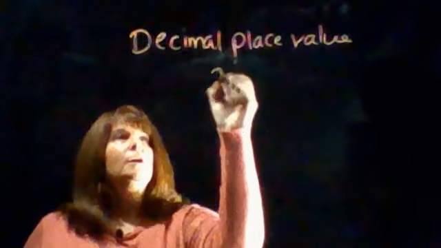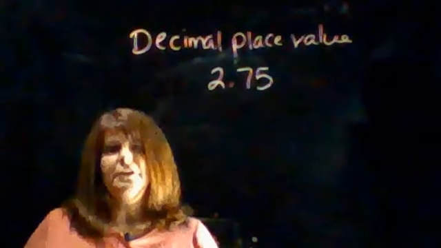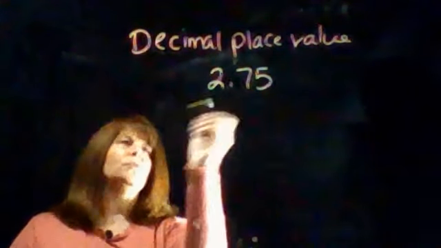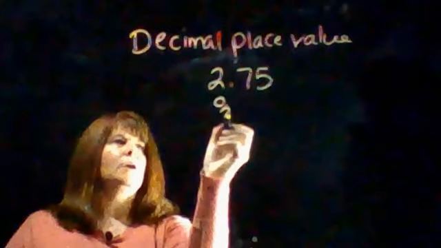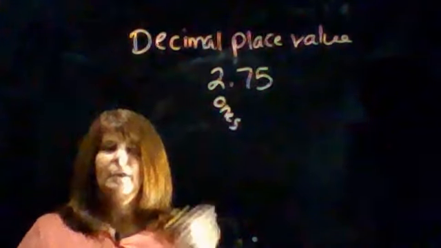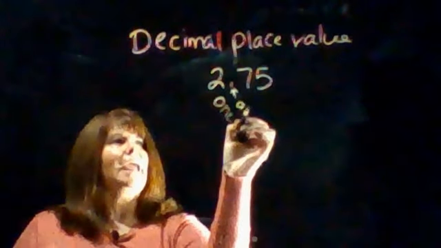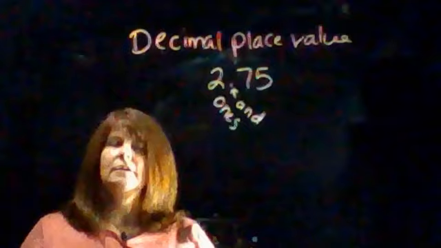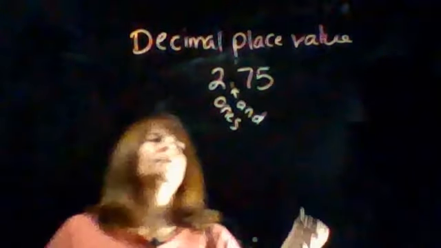Okay, so now let's talk about place value. So place value, well, we know from elementary school that this 2 is in the ones place, okay? This decimal, we always say is "and." 2 and 75 cents. 2 ands, okay?